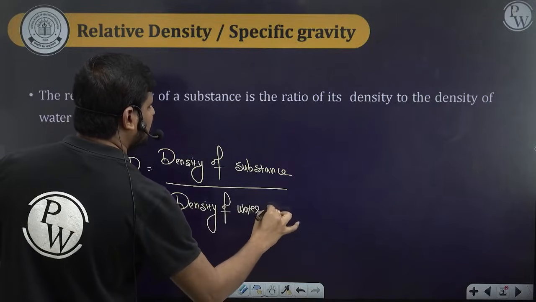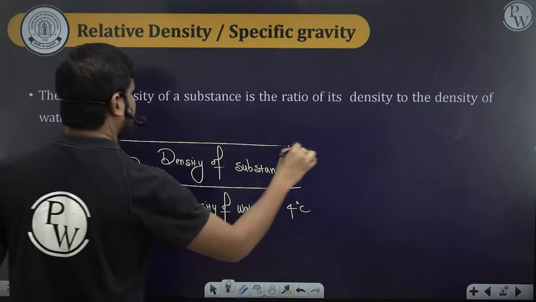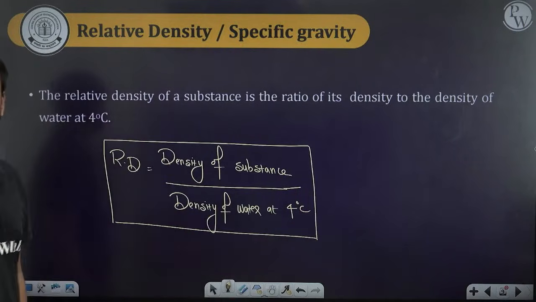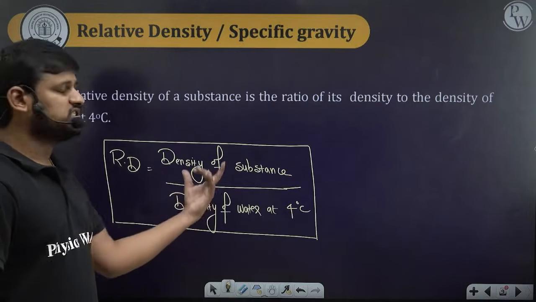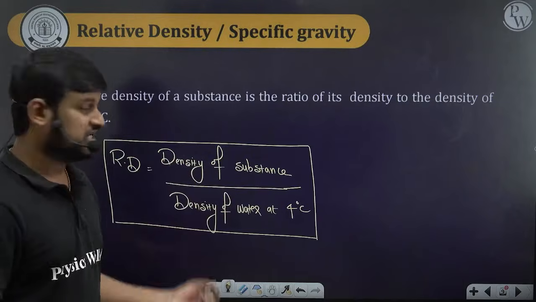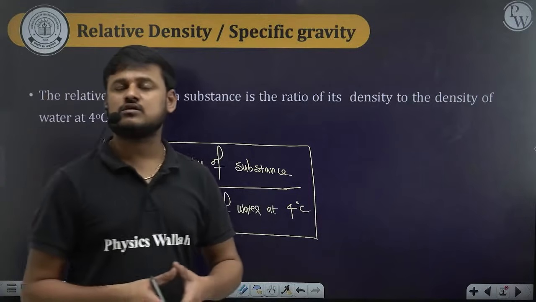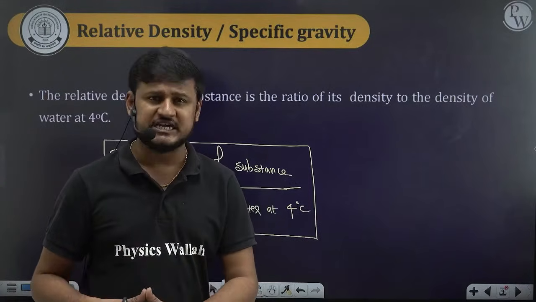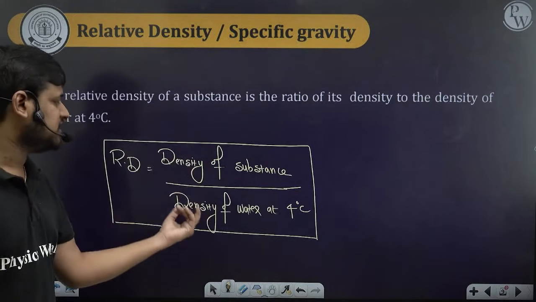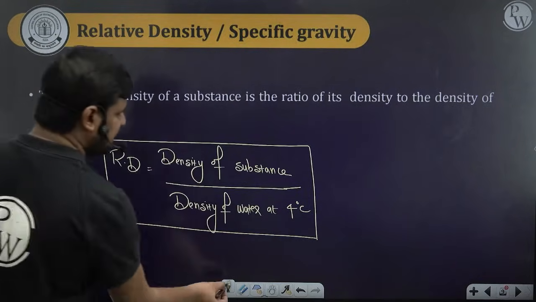There are no units for relative density, because numerator is density and denominator is density. Sir, why only density of water at 4 degrees centigrade? Because the density of water is maximum at 4 degrees centigrade. That we will discuss in the next chapter, thermal properties of matter. As of now, just take the density of water at 4 degrees centigrade. So this is relative density.